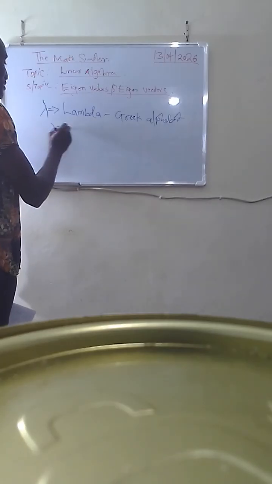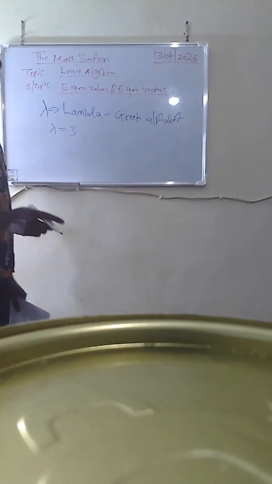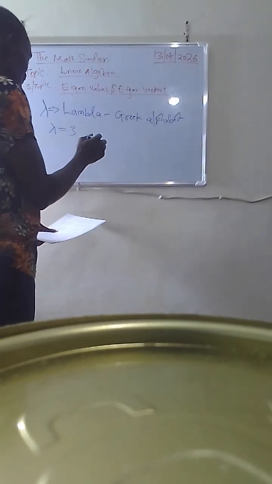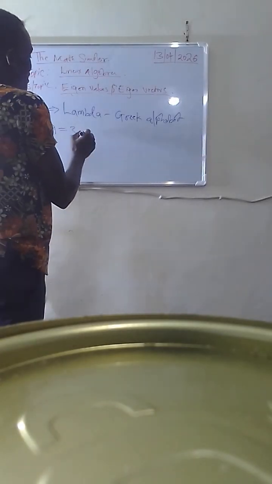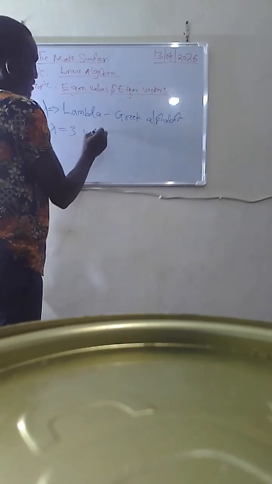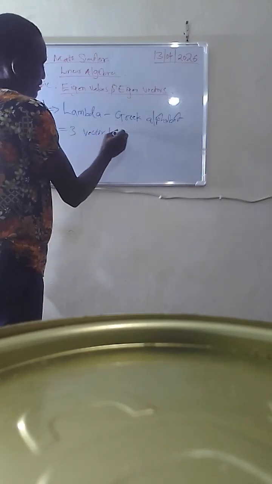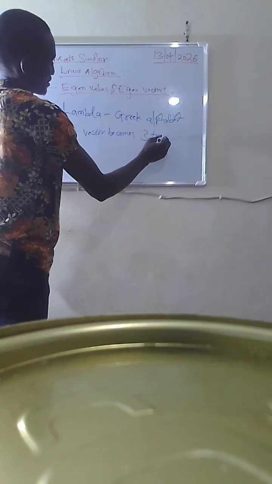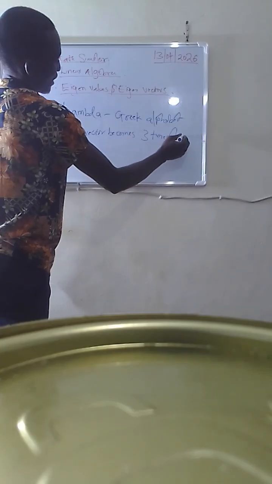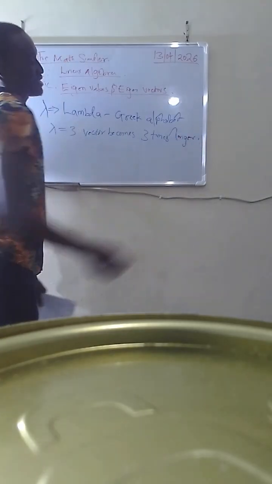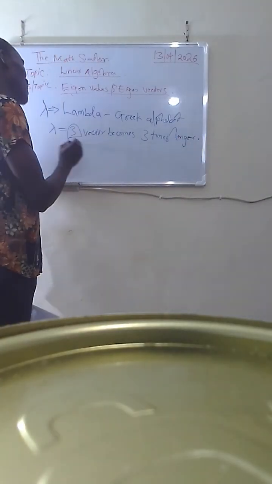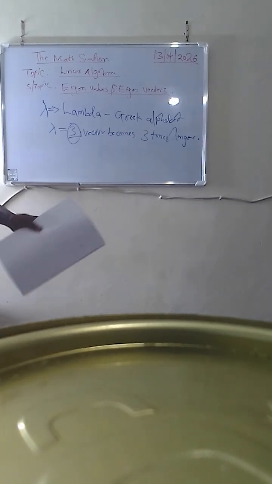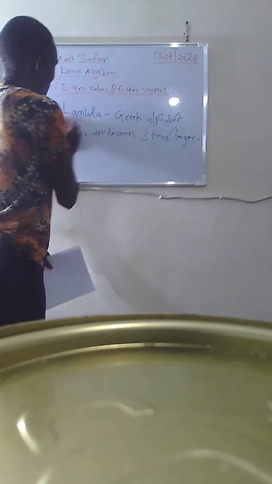So if we have an eigenvalue of 3, it means the vector becomes 3 times longer. That's the meaning. It's just a scale factor of 3. That's the eigenvalue.